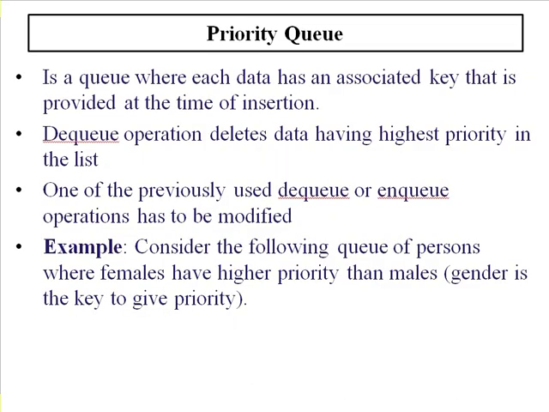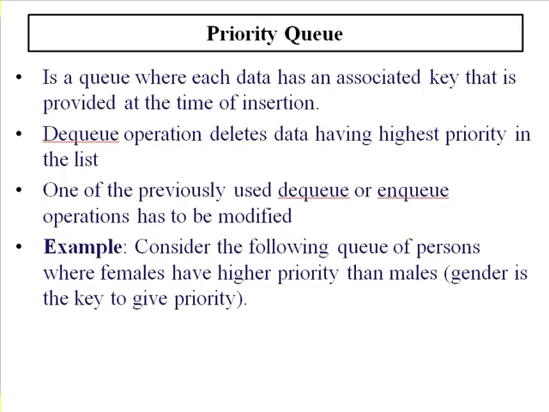The other type is the priority queue. This is also another variant of the queue data structure in which elements inside the queue are associated with a key during the insertion operation. Each data item will be assigned a key that can indicate the priority level of the element.